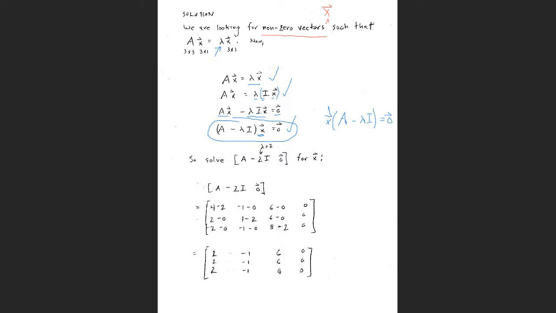In other words, would this also be true? Being that A minus lambda I, that matrix times the vector X equals the zero vector, would it also be true that the vector X times A minus lambda I equals the zero vector?